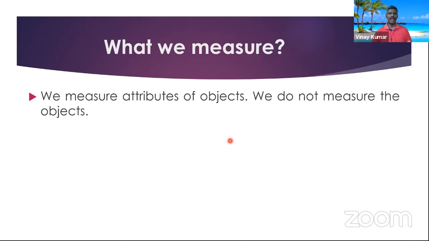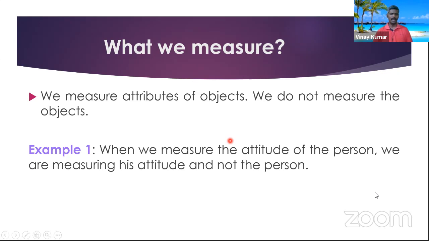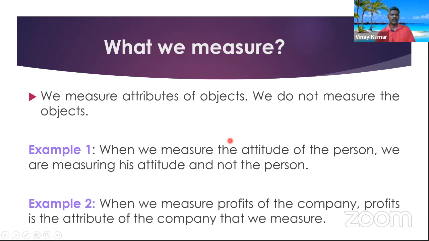So we measure the attributes of the objects. We do not measure the object. Okay, that's one of the important aspects. Let me give an example. When a researcher is measuring the attitude of a person, we are measuring his attitude, not the person. Let me give one more example.